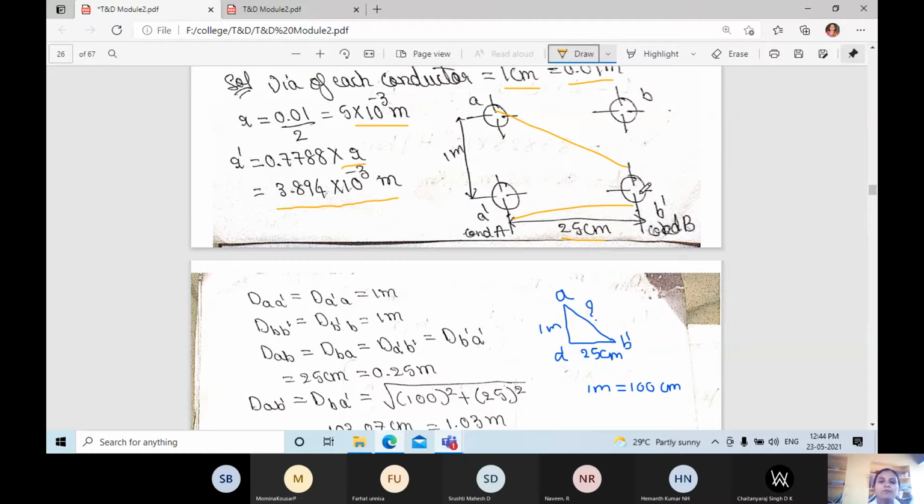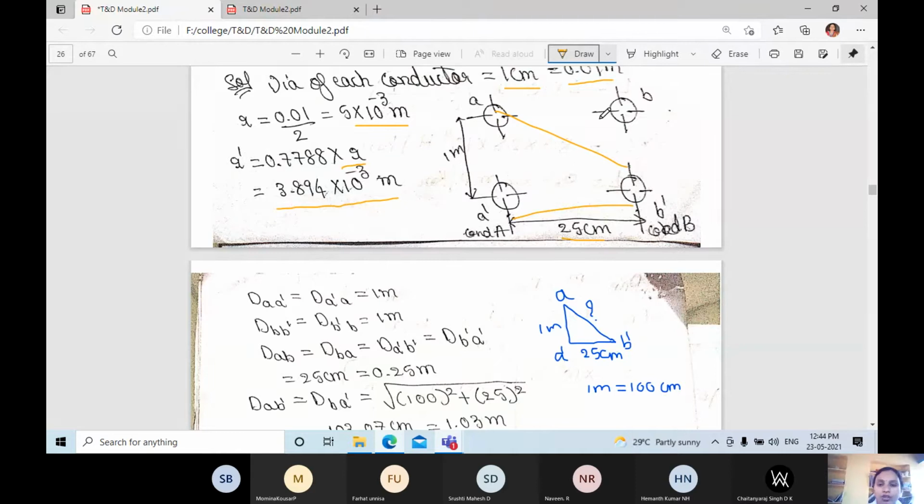The distance between A dash and B dash is given as 25 centimeter, or 0.25 meter in meters. And here A to B is also 0.25 meter. What about A to B dash, or B to A dash?